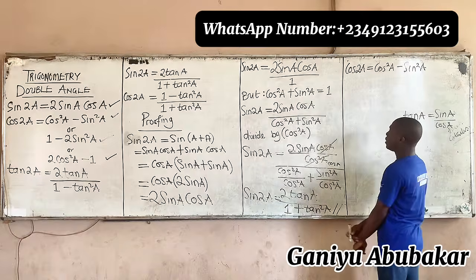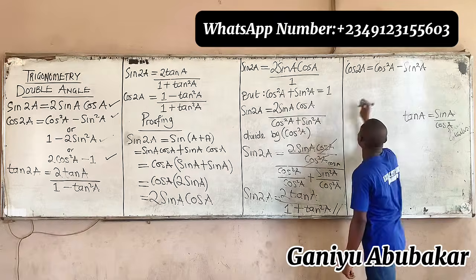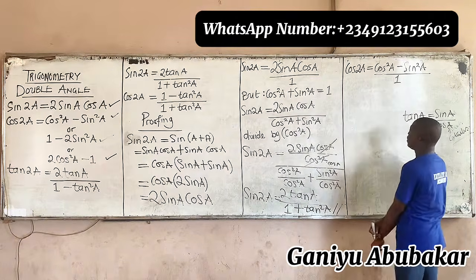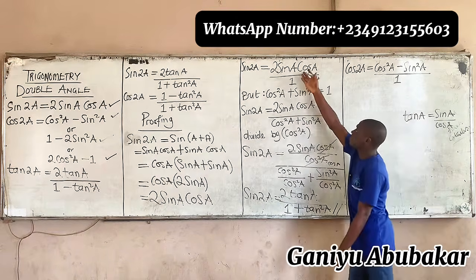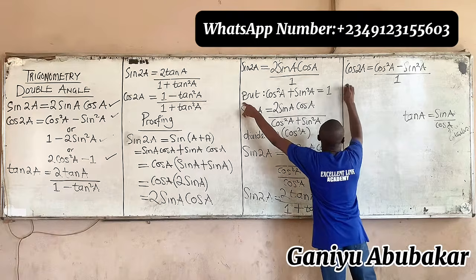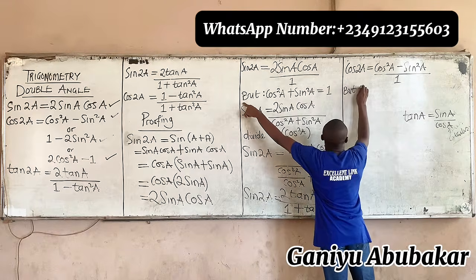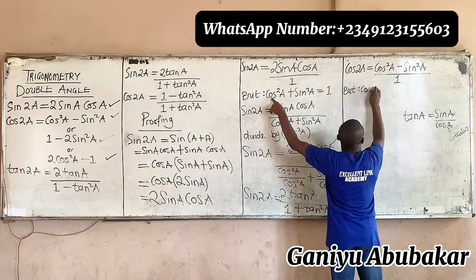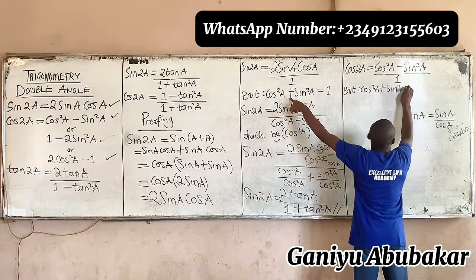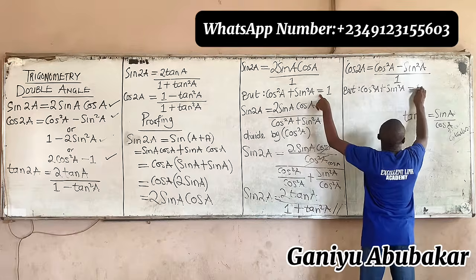Now at this point, similar procedure, divide this by 1, which I have here. But we said that cos squared A plus sine squared A is equal to 1.